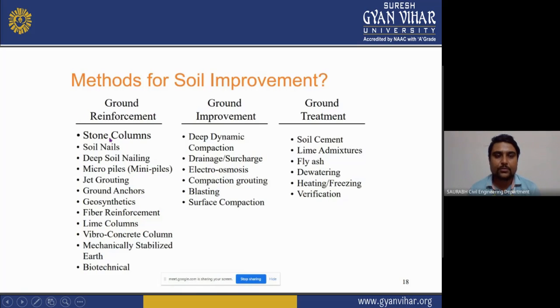In ground reinforcement, there are stone columns, soil nails, deep soil nailing, micropiles, jet grouting, grout anchors, geosynthetics, fiber reinforcement, lime column, vibro concrete column, mechanically stabilized earth, biochemical, deep dynamic compaction, drainage surcharge, electroosmosis, and compaction grouting. These are the soil improvement techniques and methods involved in soil improvement.